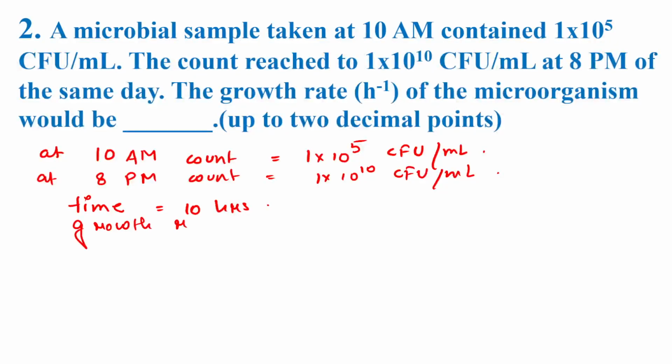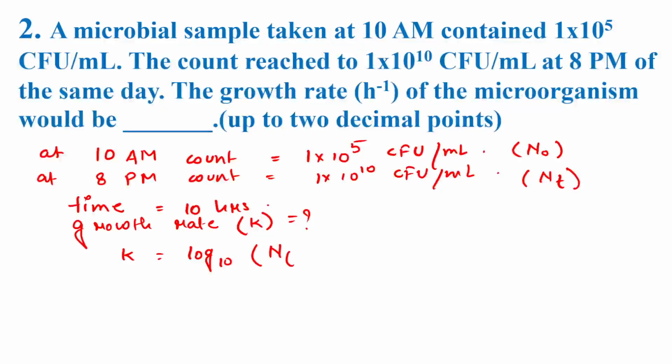That is K. So we know the formula that K is equal to log base 10 of Nt, that is final, minus log base 10 of N naught, that is initial, divided by 0.301 into the time taken, that is 10.